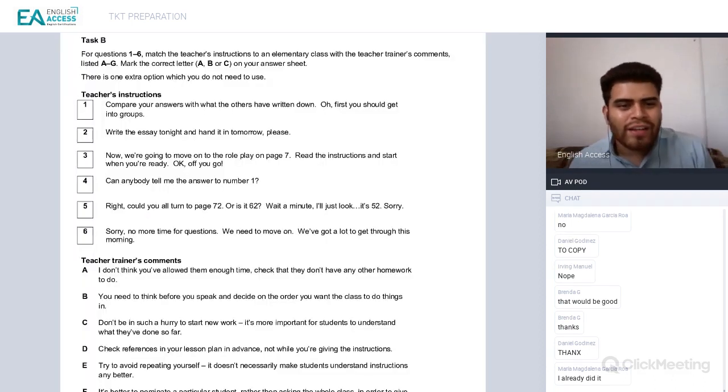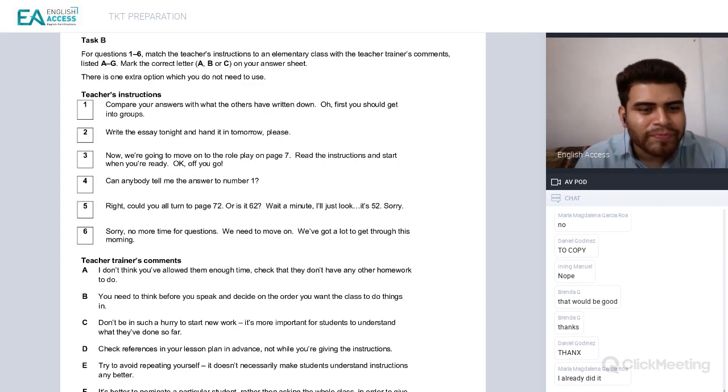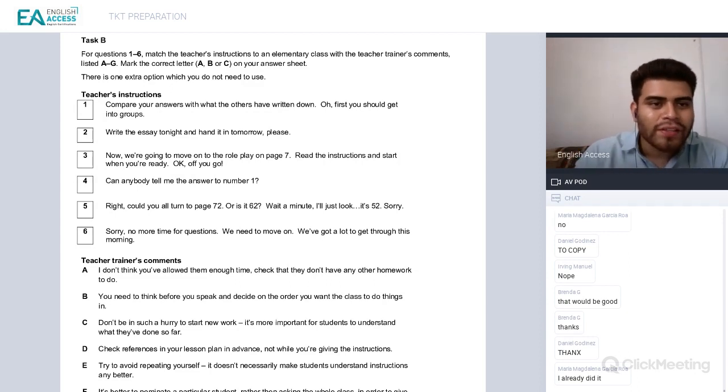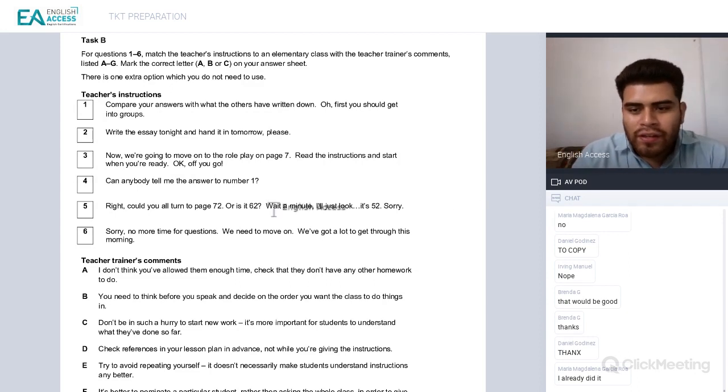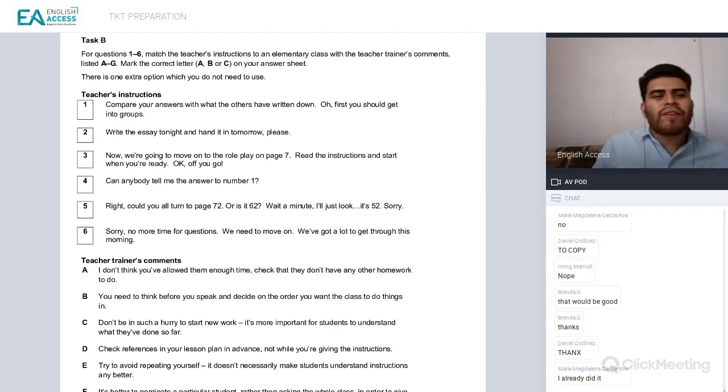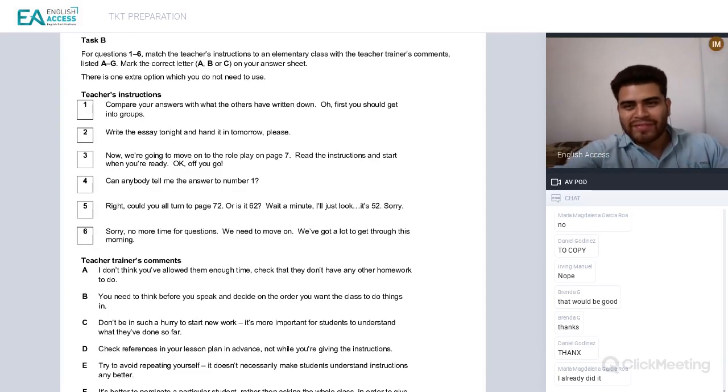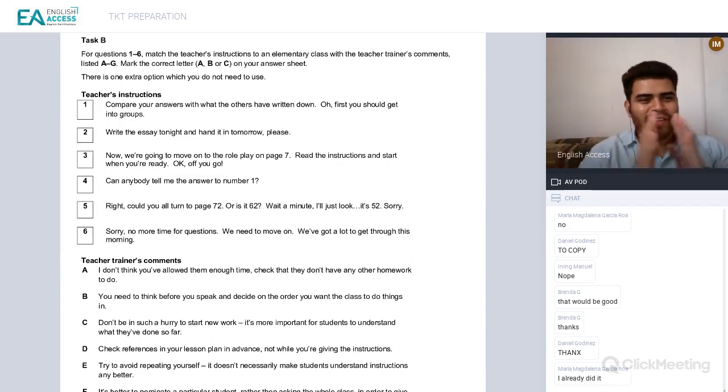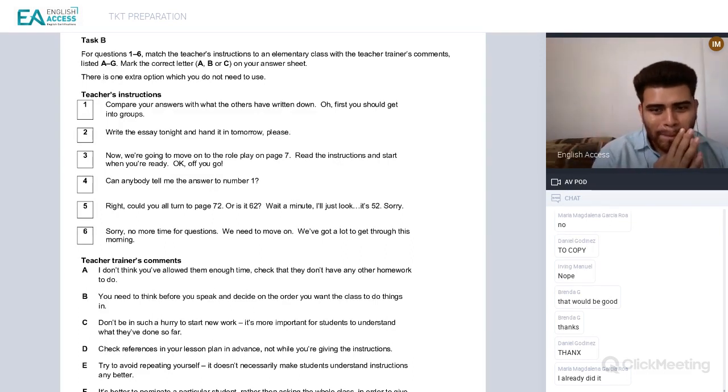Let's go to the next page. Could I have somebody read the instructions, preferably Irving? Sure. All right, thank you, Irving. Can you read task B?